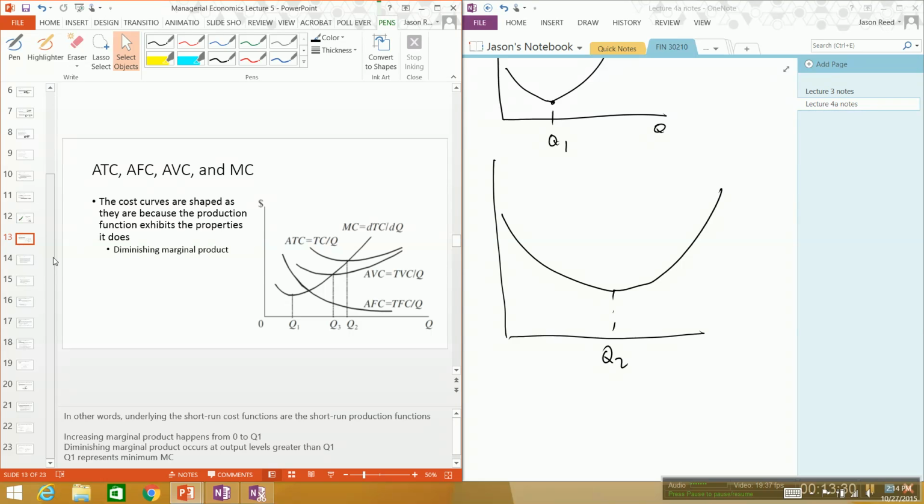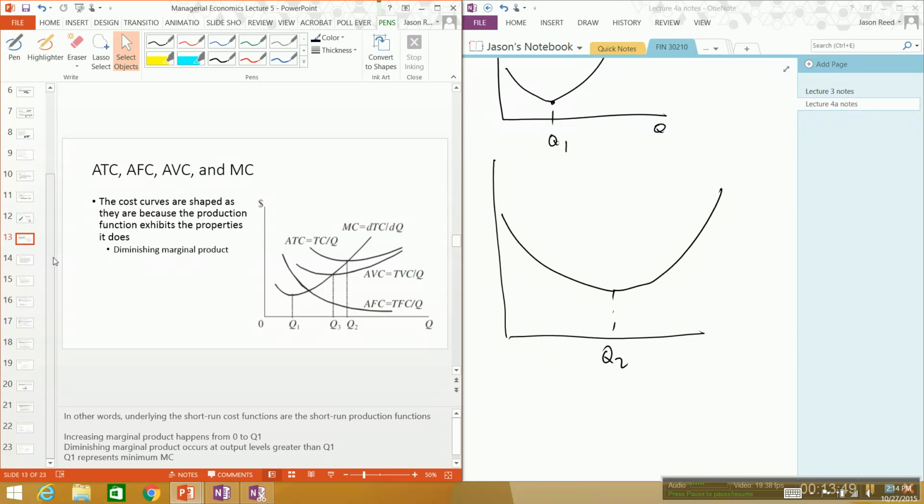What it does is show the relationship of the average variable, average fixed, and average total costs with marginal costs. And we know the shape of these cost functions is due to this law of diminishing marginal returns to product. And I think that's extremely important.